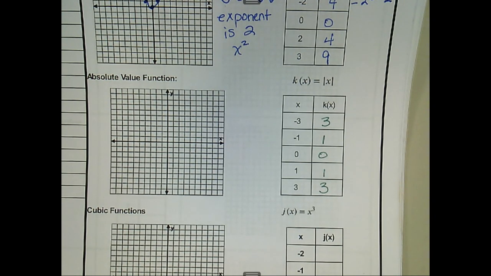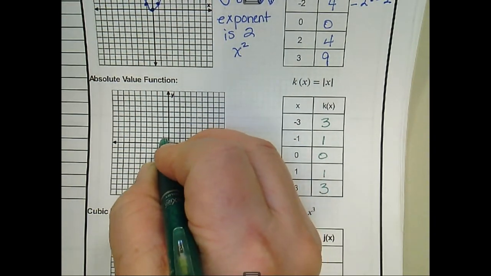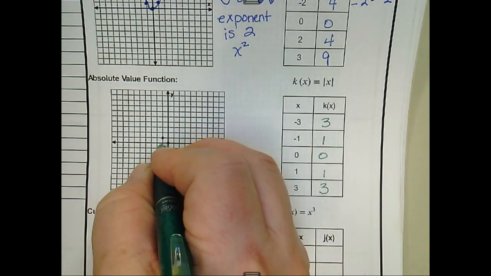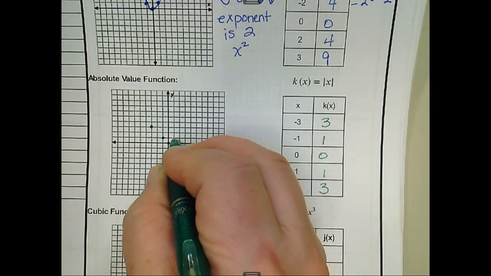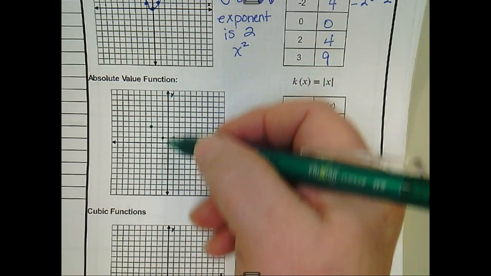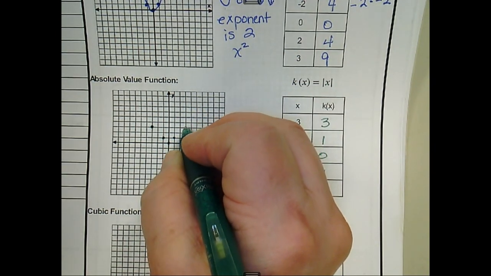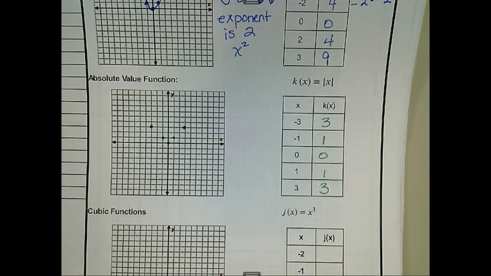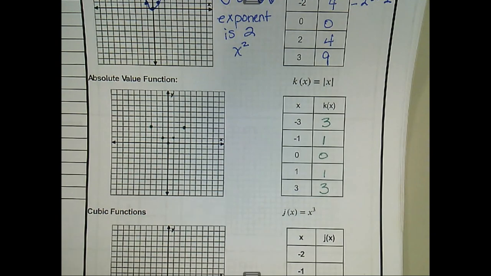So what does it look like? Once again, it is symmetric about the y-axis. And if you notice, it comes down and goes straight back up. It is a V shape.